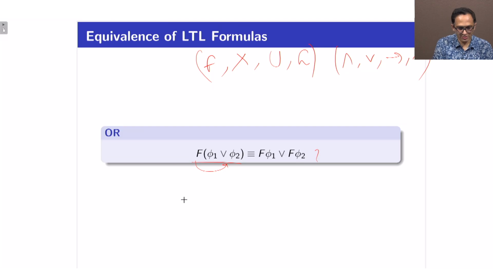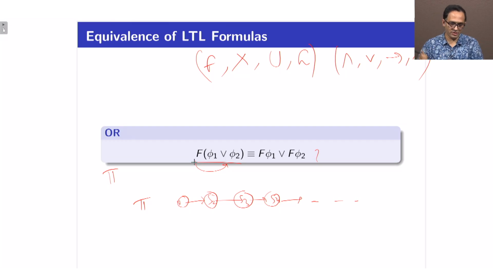If I say a path pi, which is S1, S2, S3, S4 and so on, so this is my pi. I'll say if in the future phi 1 or phi 2 is holding, right? So if you have a scenario where I have only phi 1 holding here, I'll say yes, this pi satisfies F of phi 1 or phi 2, right?